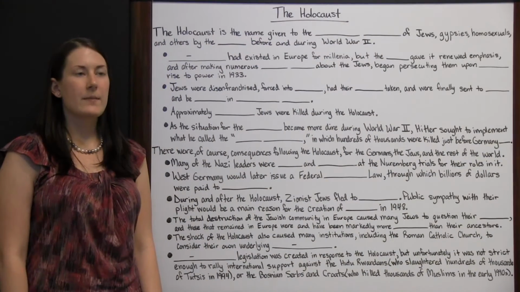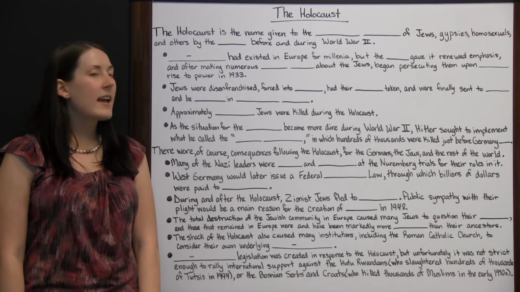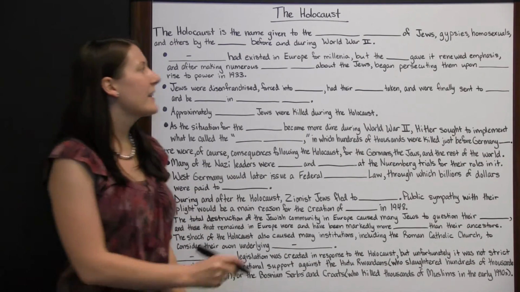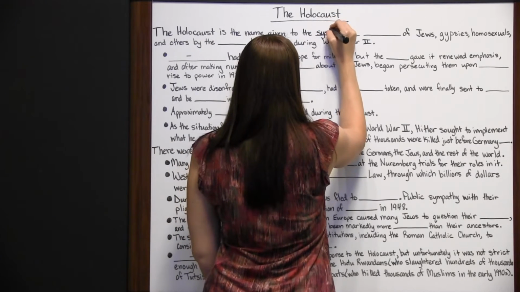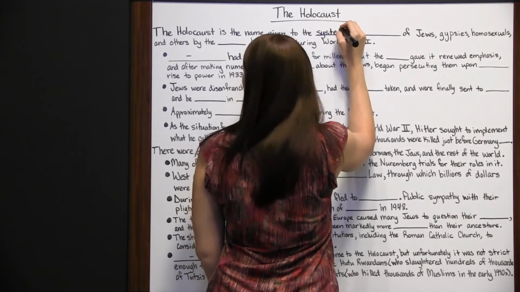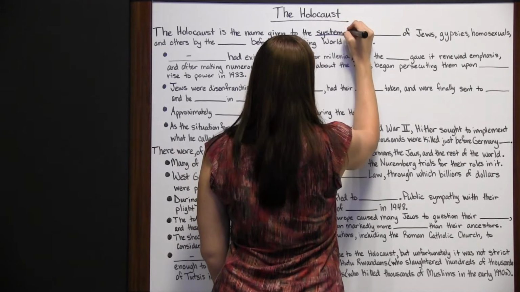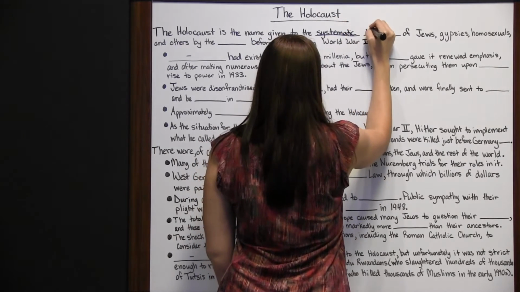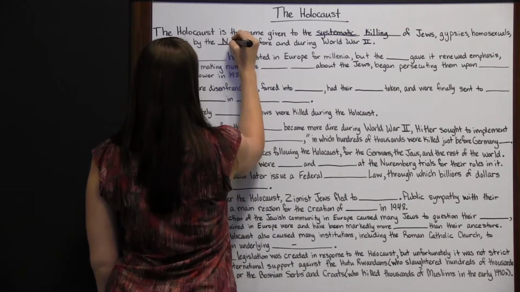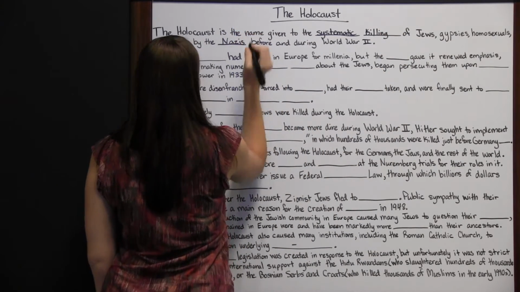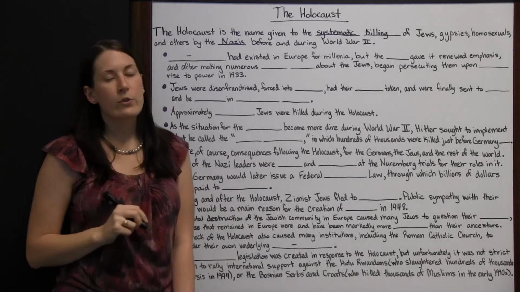The Holocaust. The Holocaust is the name given to the systematic killing of Jews, Gypsies, homosexuals, and others by the Nazis before and during World War II.